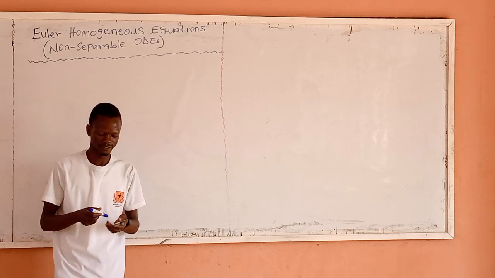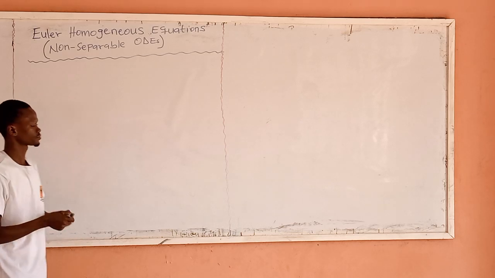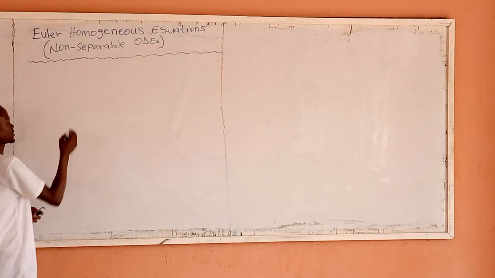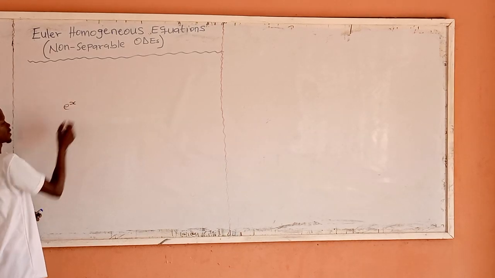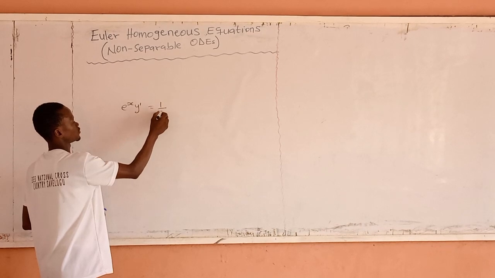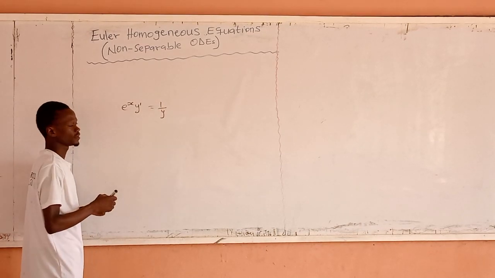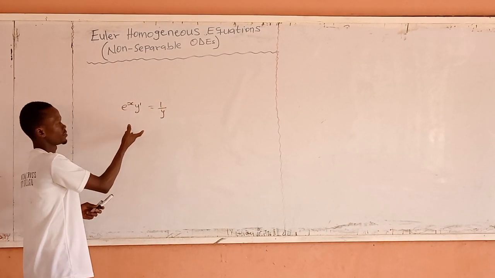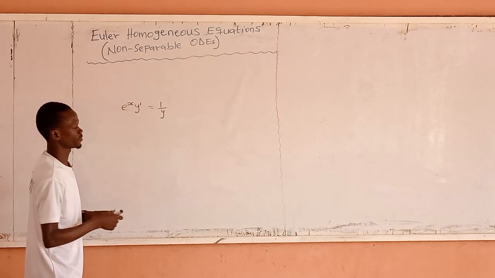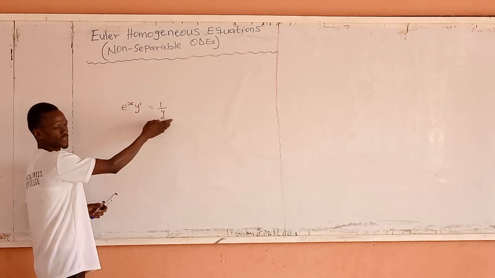So when we said that if I have an equation such as e raised to the power x y prime is equal to 1 over y, this equation can be separated or is separable. And to solve this equation, what we do is we multiply both sides by y.